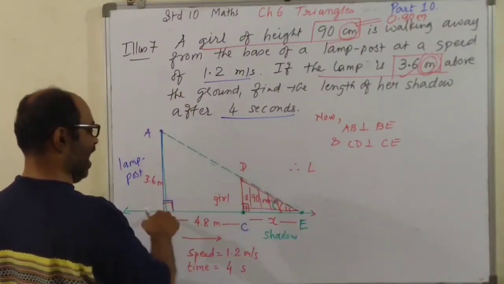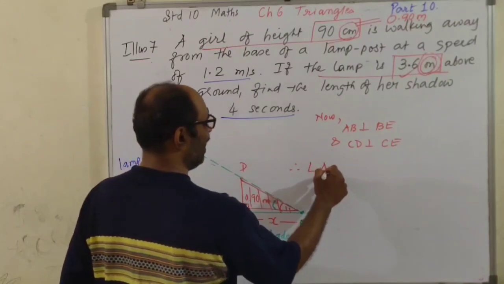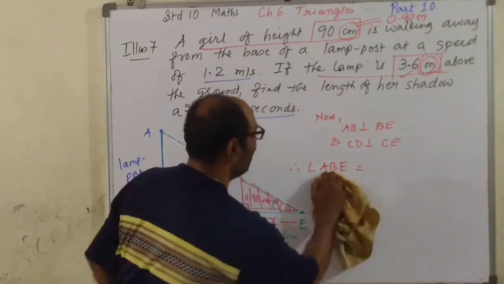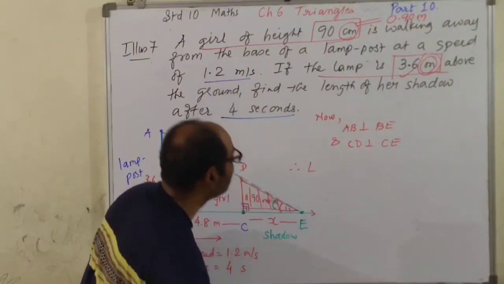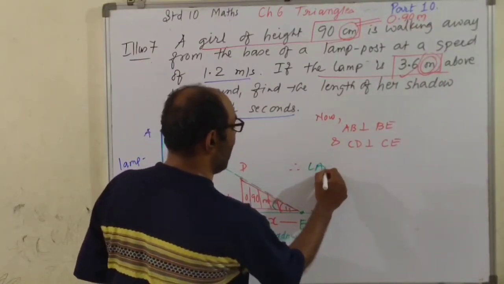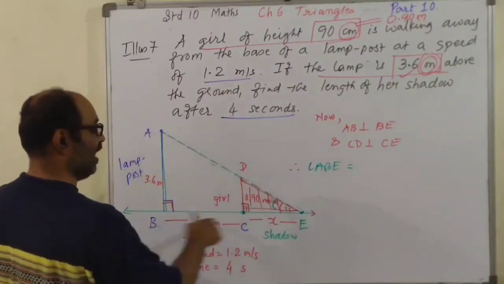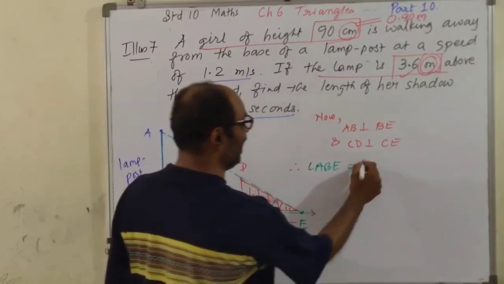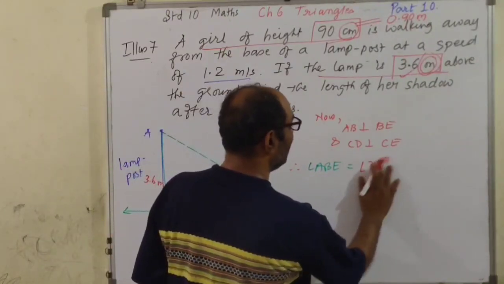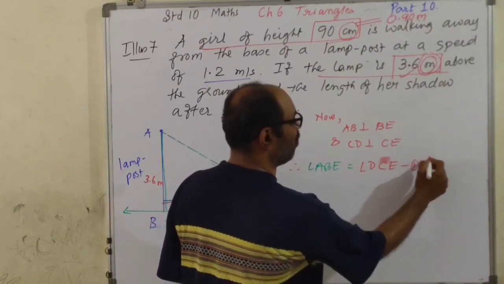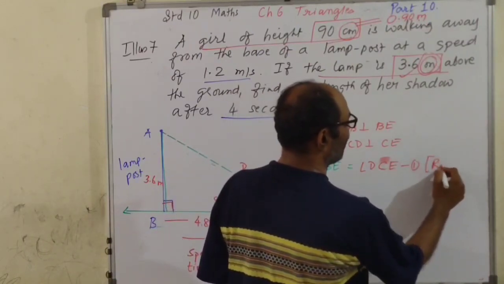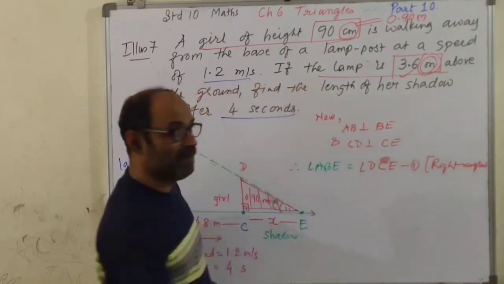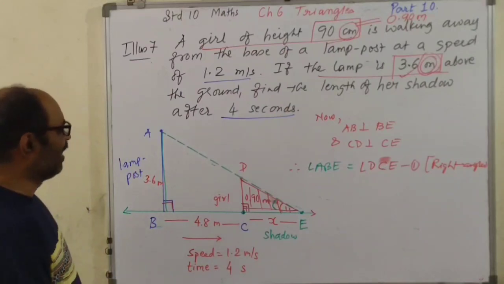Therefore, angle ABE, the green one, is equal to angle DCE, the red one. Call it result 1. Reason: right angles. They are right angles because they are perpendicular. Correct? तो एक एंगल मिल गया.